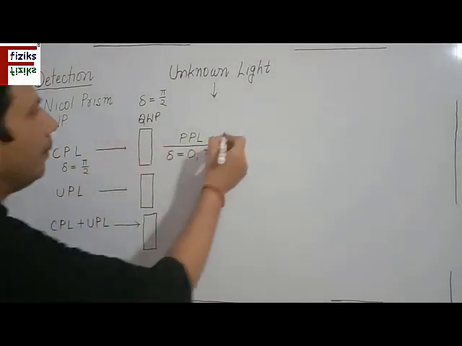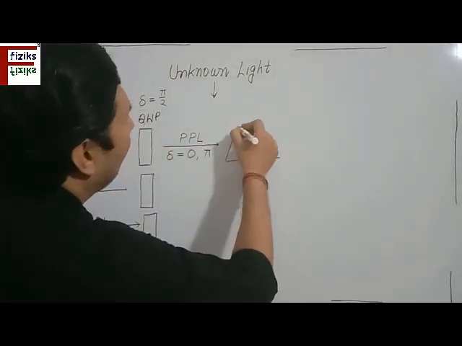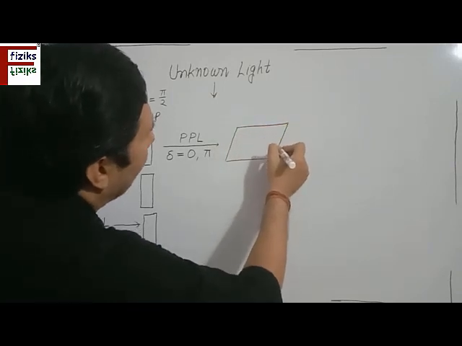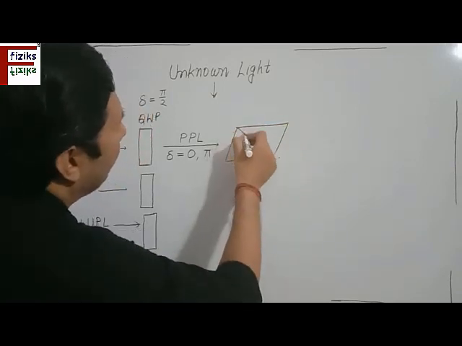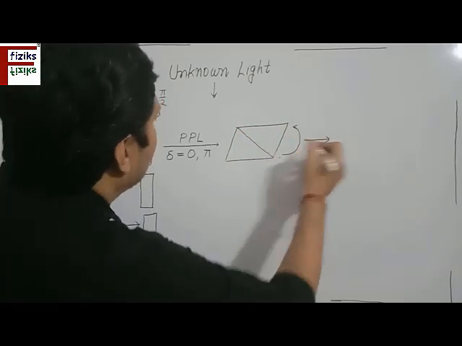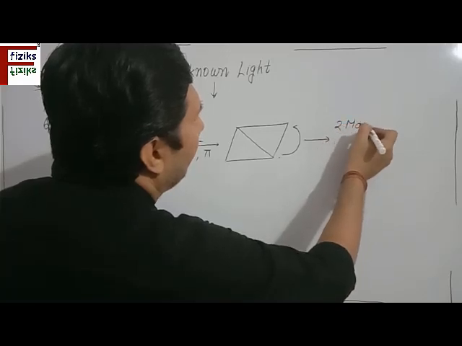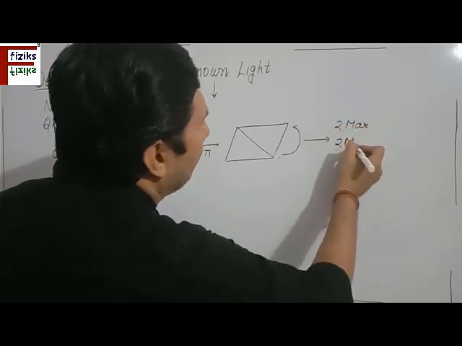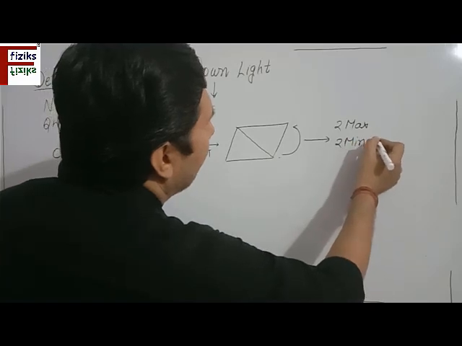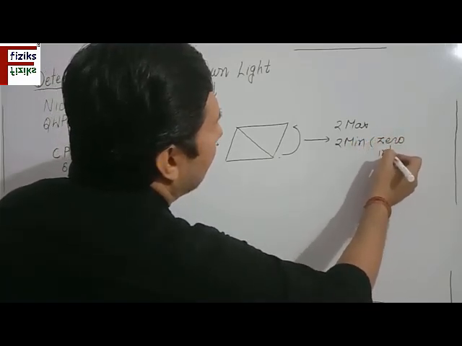Now if we pass this plane polarized light through the rotating Nicol, then on this side we will have two maxima and two minima of intensity, with zero intensity at the minima.